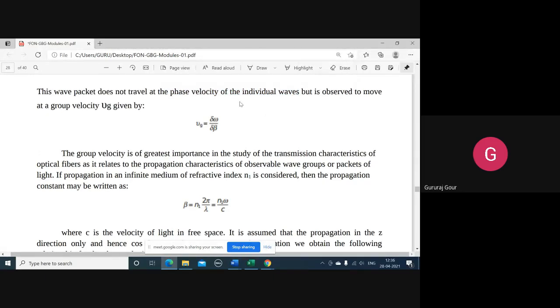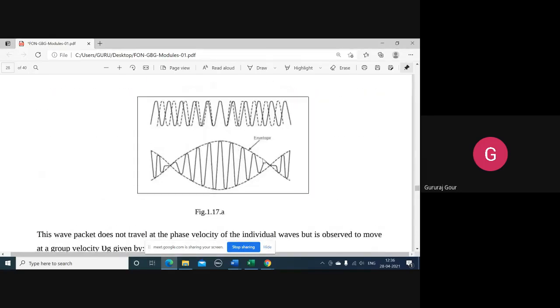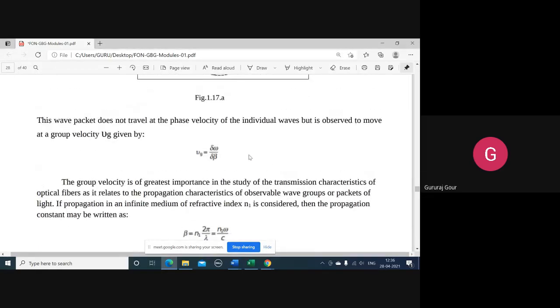We are showing only one envelope here. It is all these different wave components traveling together, and it is known as the group velocity, Vg, given by small omega differing over small phase constant, dou omega by dou beta.